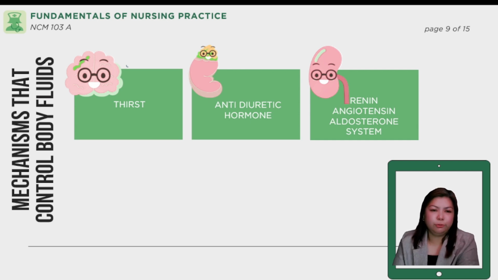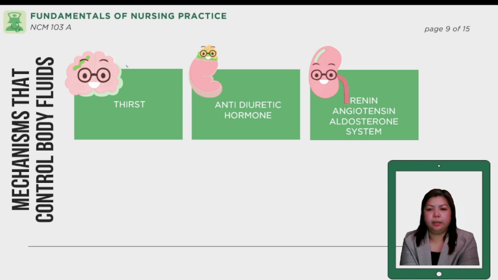Angiotensin II causes vasoconstriction, stimulating the release of aldosterone from your adrenal glands. This aldosterone acts on the kidneys to increase sodium reabsorption. Later you'll know the purpose of sodium. This leads to an increase in water reabsorption and helps restore blood volume and, of course, blood pressure.